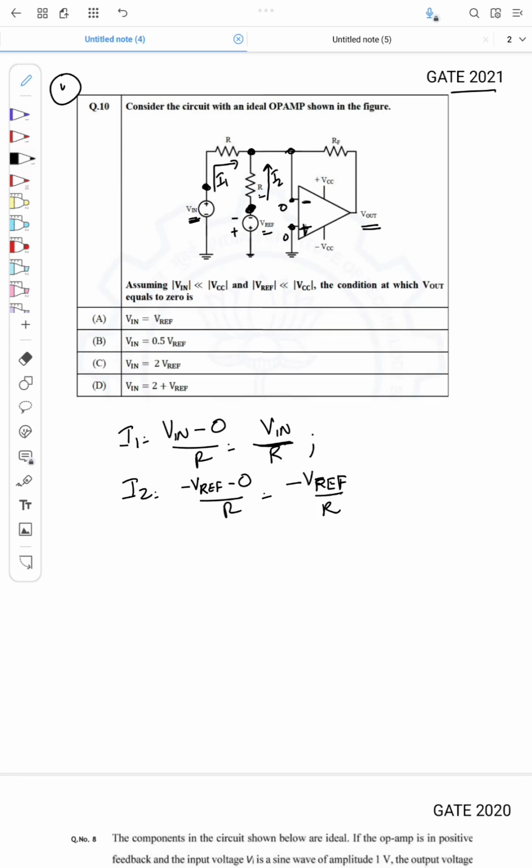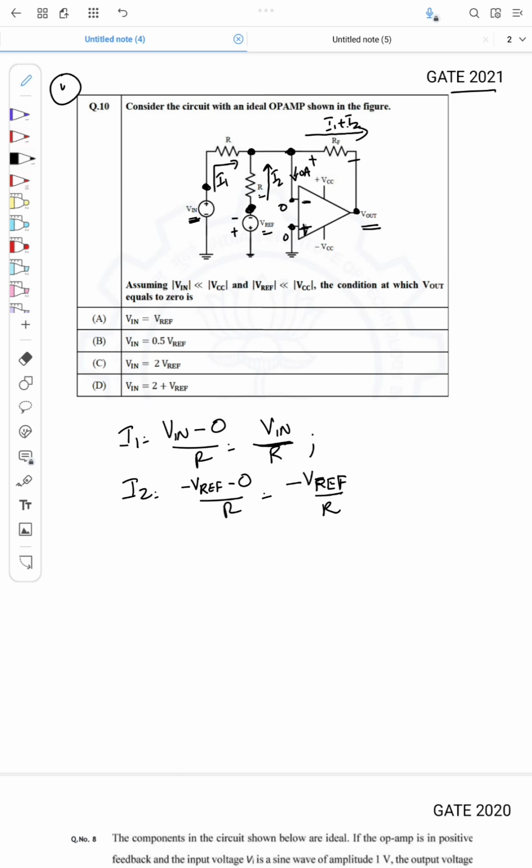Since the currents I1 and I2 reach here, the current going into the inverting terminal is 0. So both currents will flow through the resistance RF, and the current is I1 plus I2. From the circuit, what will be Vout now? Vout is the voltage across the resistance RF itself.